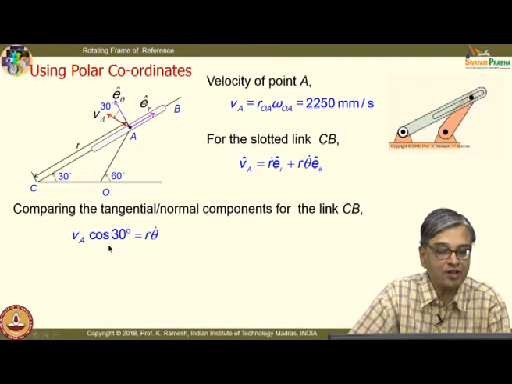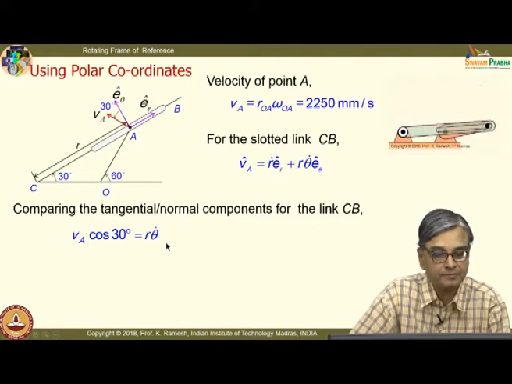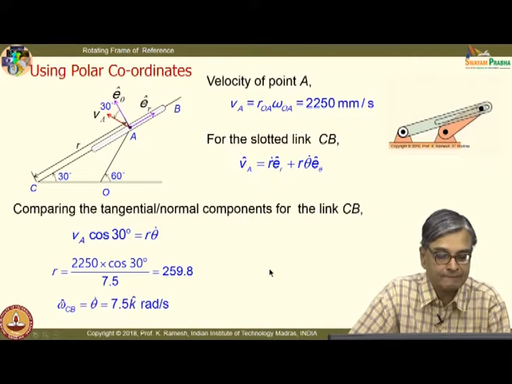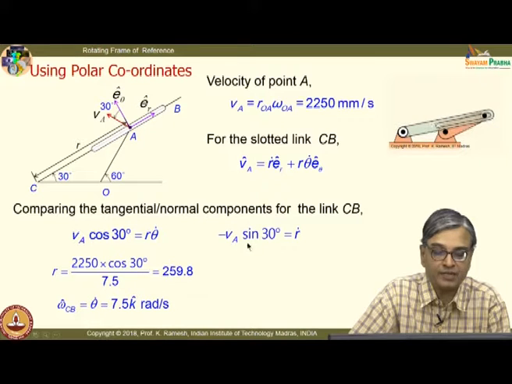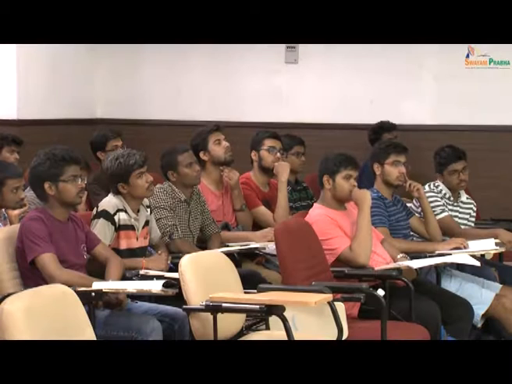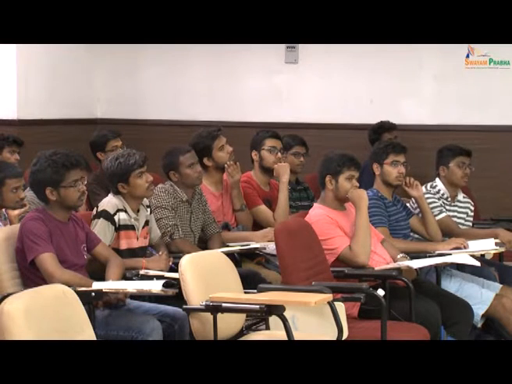So, I have V A cos 30 equal to r theta dot, and I can also find out what is the value of r, and I can also find out what is theta dot. Then I have minus V A sin 30 equal to r dot. So, r dot is 1125 millimeter per second, which is your VREL in our earlier symbolism.